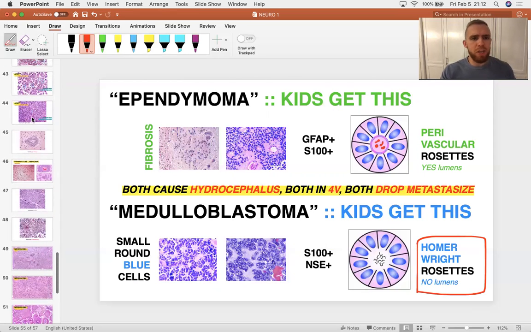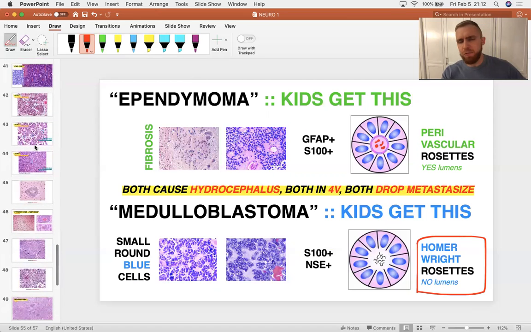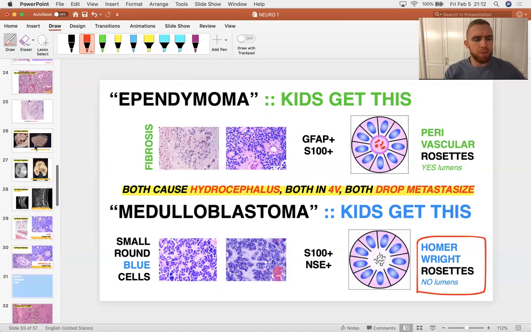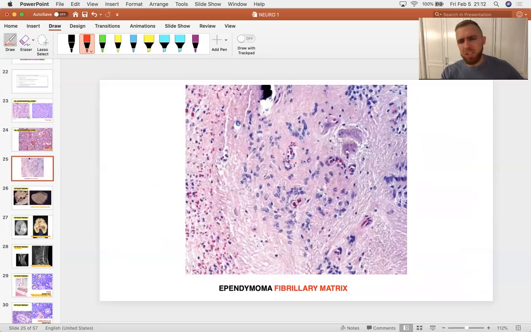Now, we did mention the ependymoma's got a fibrotic or connective sort of background to it. So let's get back up here and take a look at that. Notice that these are small, round, bluish cells, yes, but this is not a small, round, blue cell tumor, okay? It's an ependymoma. And the reason we know this is because, again, it's got a significant connective tissue component to it.